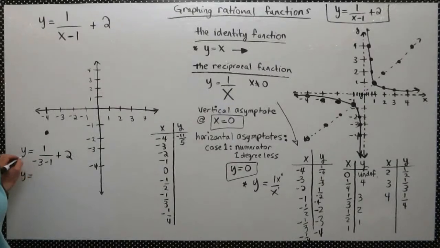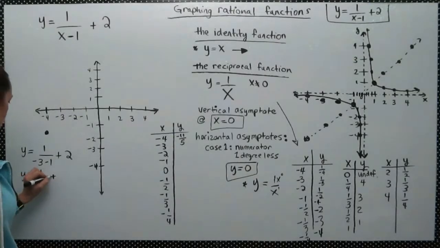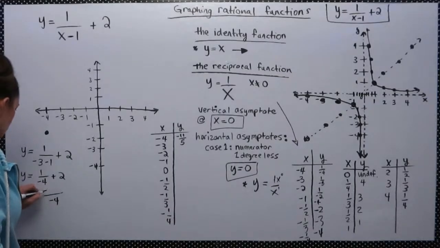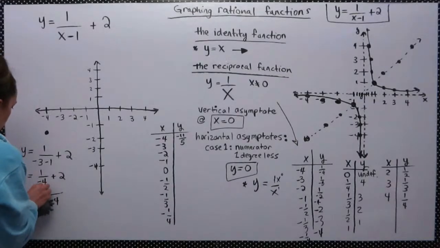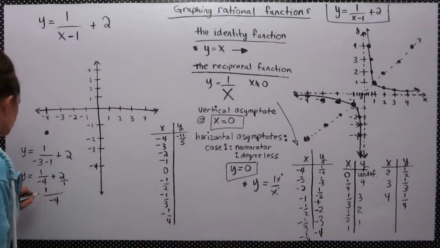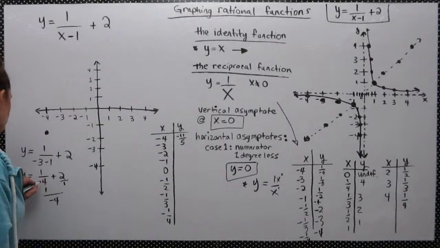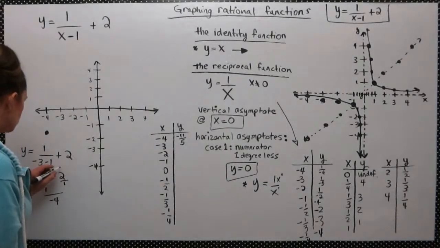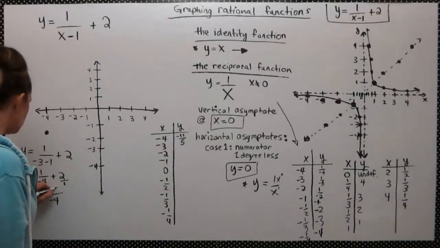So we've got y equals 1 over -4, plus 2. Get your common denominator, which would be 4. So that's going to be -1 over 4, and then 2 over 1, which becomes -8 over 4.